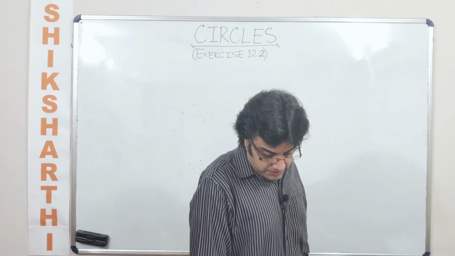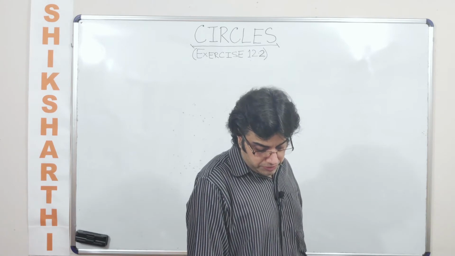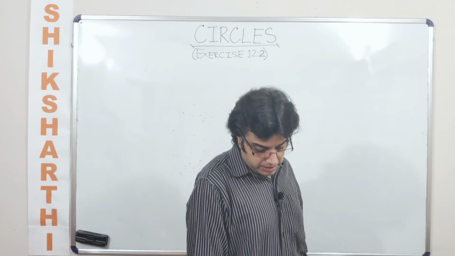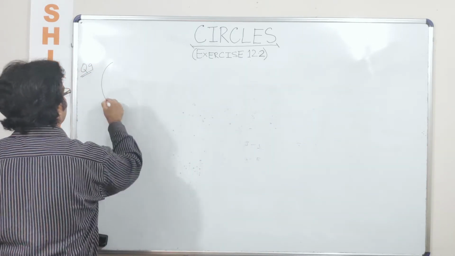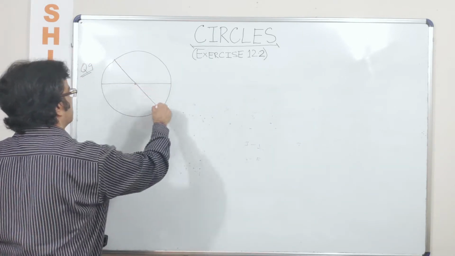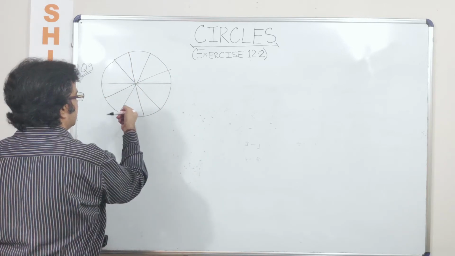Okay, find the area of each sector and the total length of the wire required. So 1, 2, 3, 4, 5 and another 5.